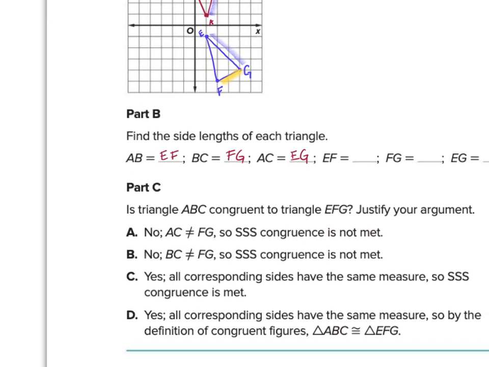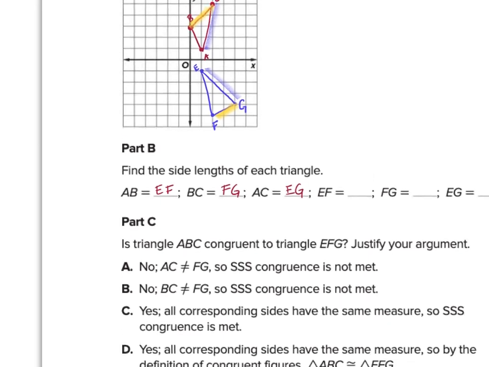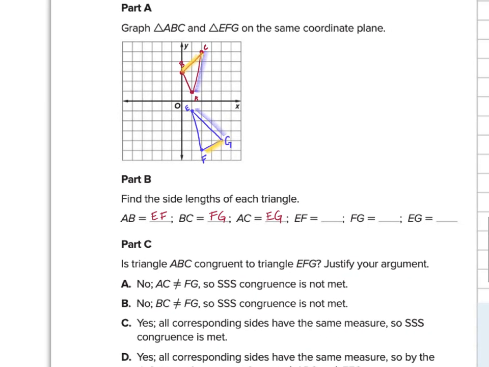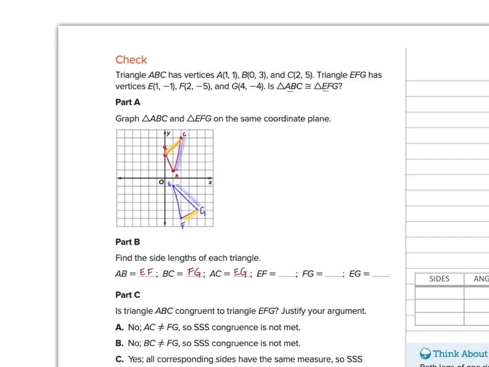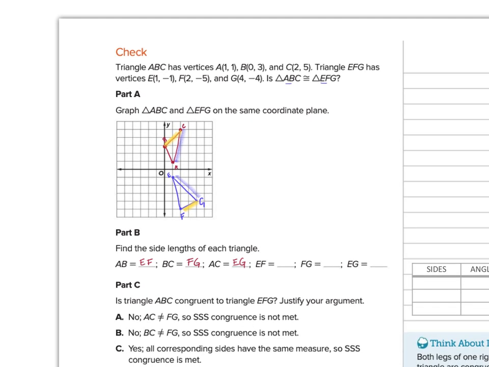But let's see. I'm going to have to say no. But do I know that AC is not the same as FG? Is not congruent to FG? Does it matter? AC and EG, okay? So this is not an accurate statement. We don't care about that for side.